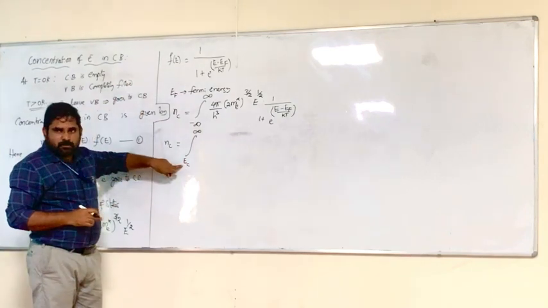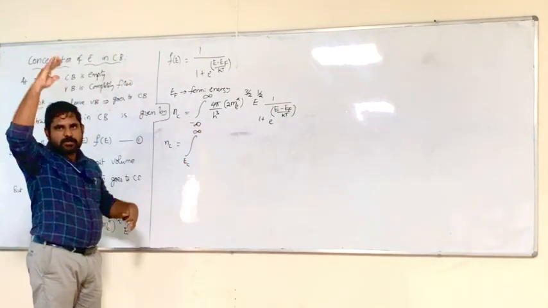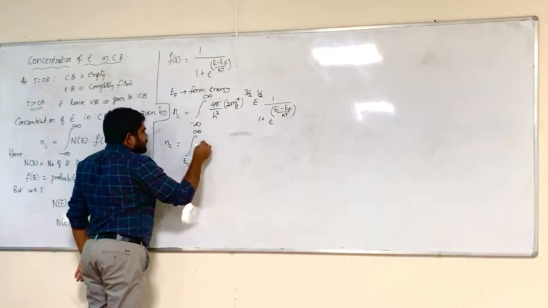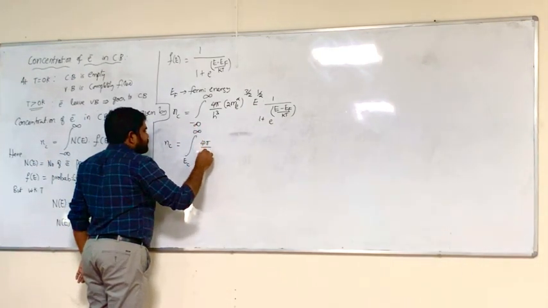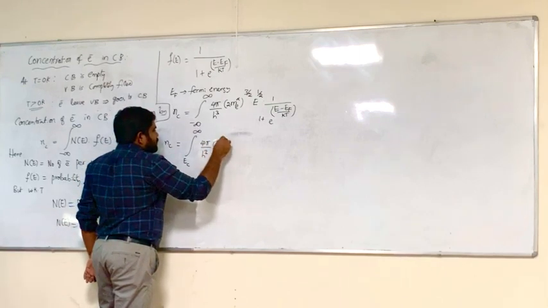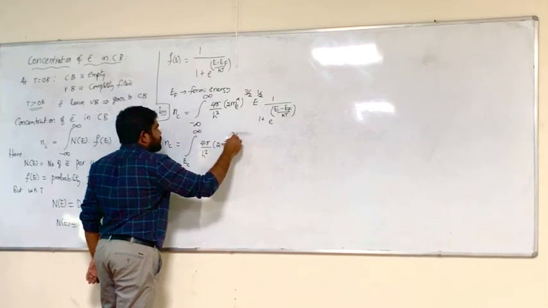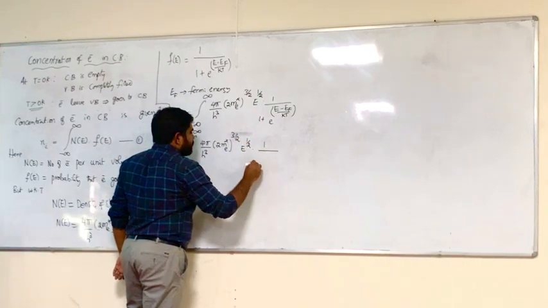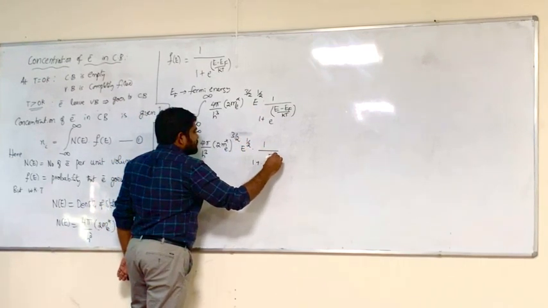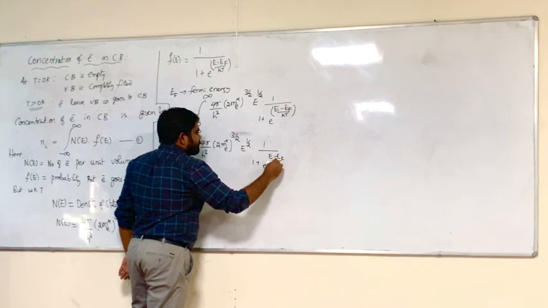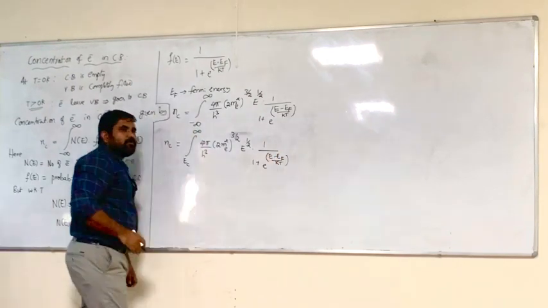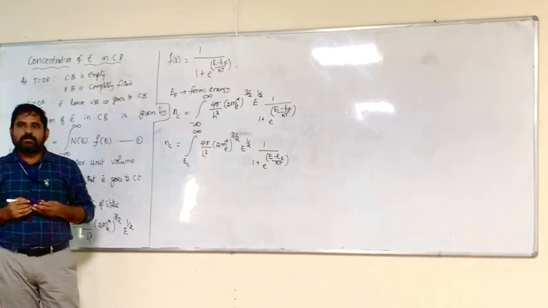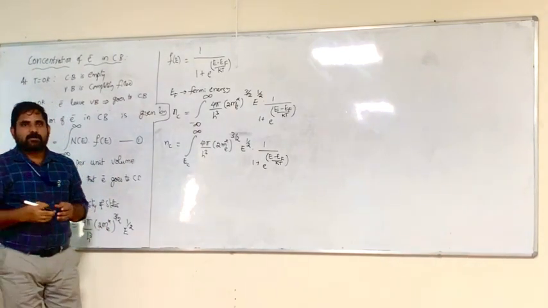The lower limit starts at EC, and the upper limit can be infinity. Then let me write the same thing: 4 pi by h cube, (2 m_e star) to the power 3 by 2, E power 1 by 2, then 1 by 1 plus e to the power (E minus Ef) by kT, dE. We are doing it step by step; if more steps come, I am not doing everything together, otherwise you will get confused.